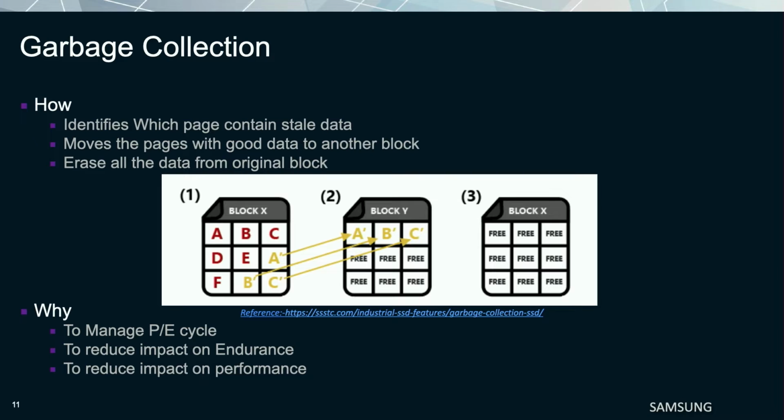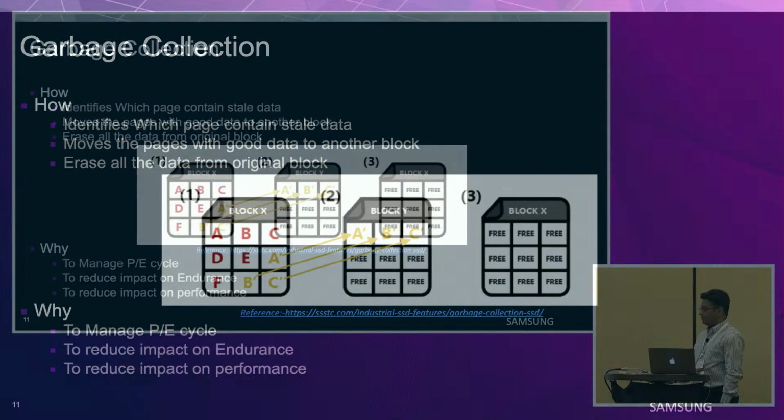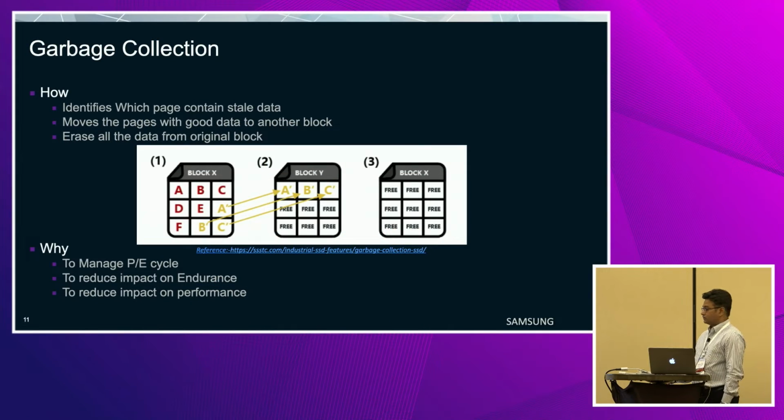Okay. So GC will be performed to maintain the PE cycle. So one of the reasons is there. It has an impact on the endurance because your cell PE cycle and your wear leveling has to be managed. Okay. So that's why GC is very important in that case.